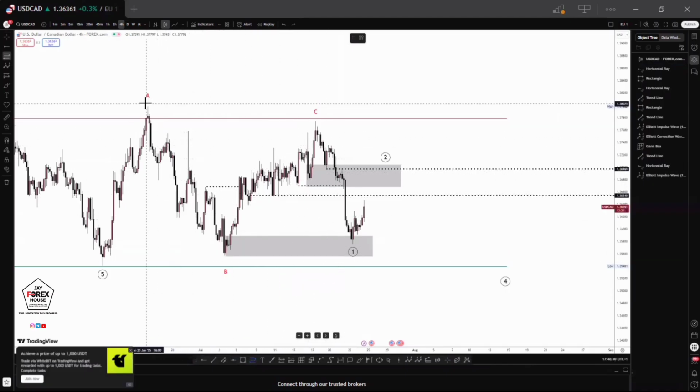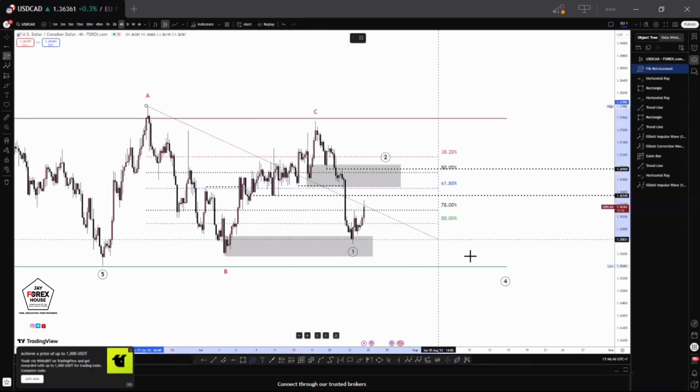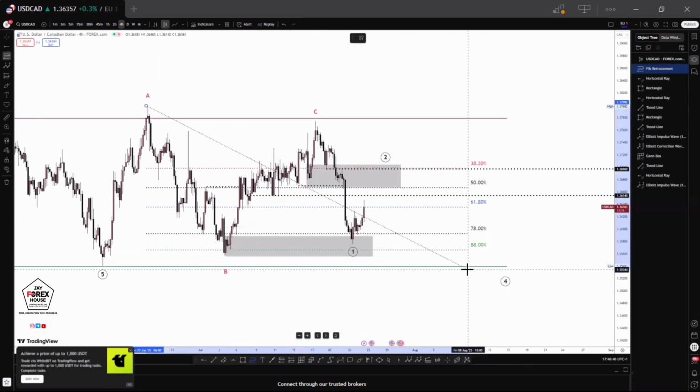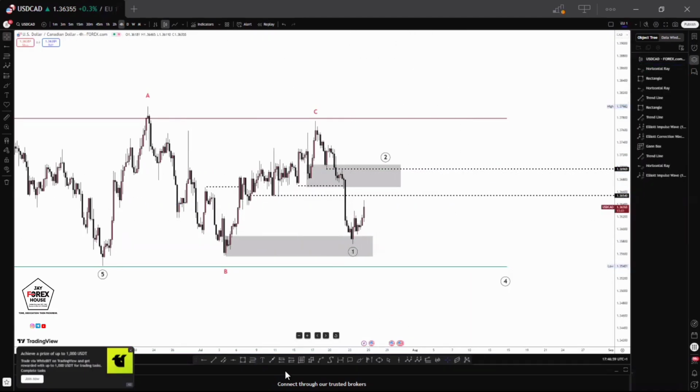That will mean we have to draw out the fib tool from this point to this point. Remember, this is within discount of the daily range, right? This is within discount. Let me flip that. Sorry. I don't know why I like it from the other angle.